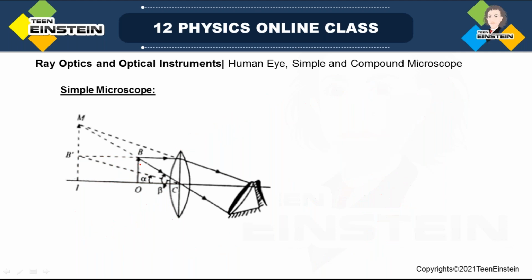I'll just repeat once again, Deepa, for you. Look, from here I am writing magnification. I know magnification is the ratio of the angle subtended by the image formed at the least distance of distinct vision.